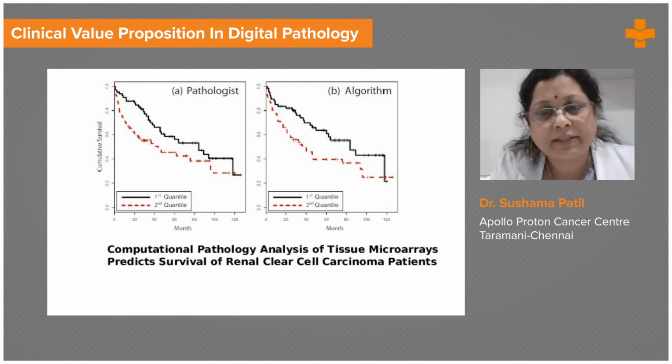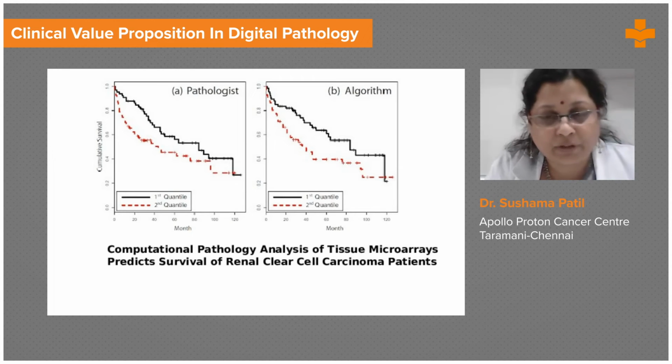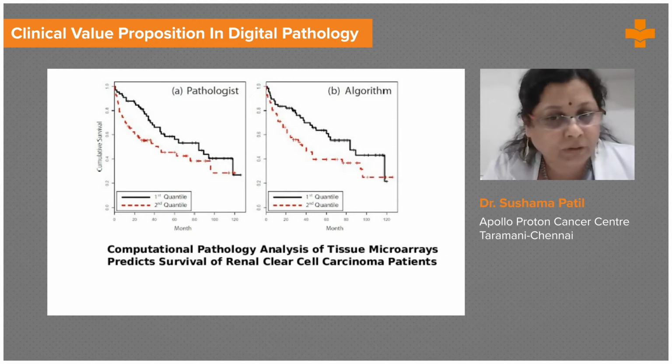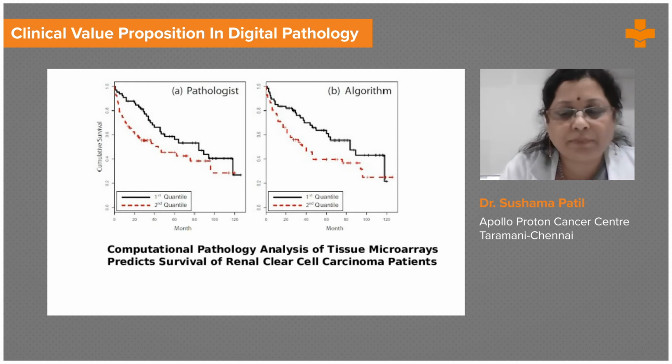And on the right hand side is the graph derived by the algorithm. As you can see, the right hand side is slightly better than what was done by humans, or a pathologist drawing the graphs. So we can use it in a multitude of ways, and it will enhance or transform patient care.